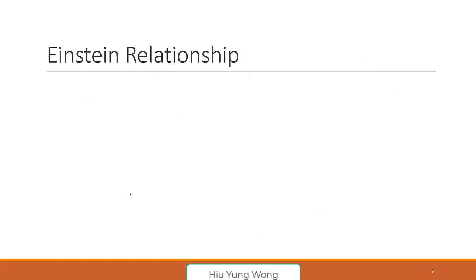Something called the Einstein relationship. Just now I said that I have a lot of electrons here, very few electrons here, very less dense electrons here. Can someone tell me again what happened when these two electron gases are brought together?